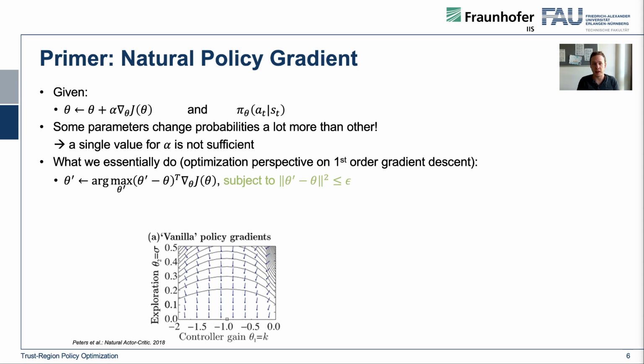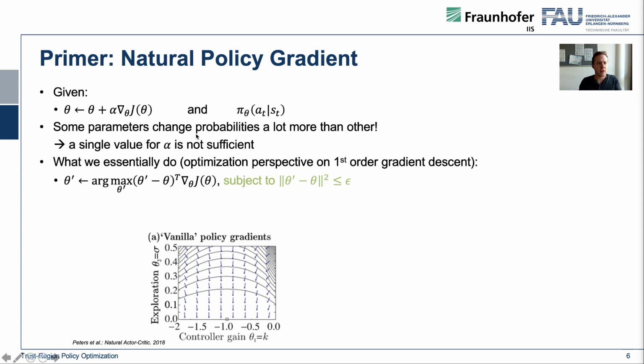This means that a single value of alpha as a step size is not sufficient. We need to somehow reformulate the problem so that some parameters are updated more than others.